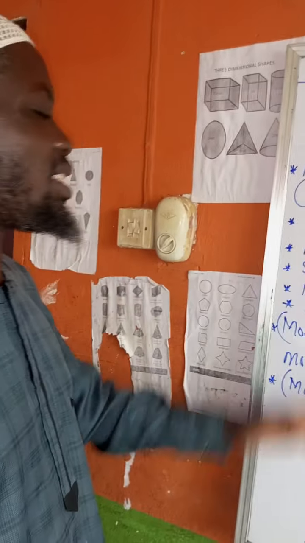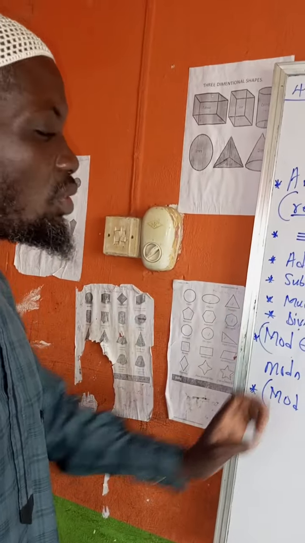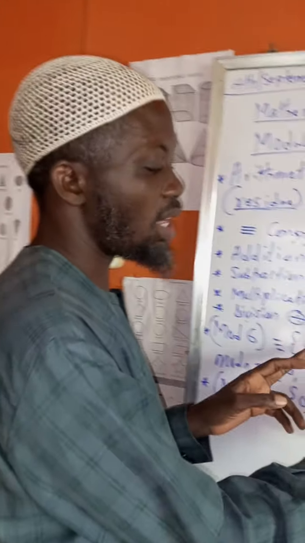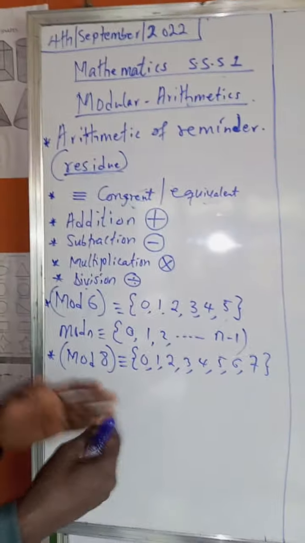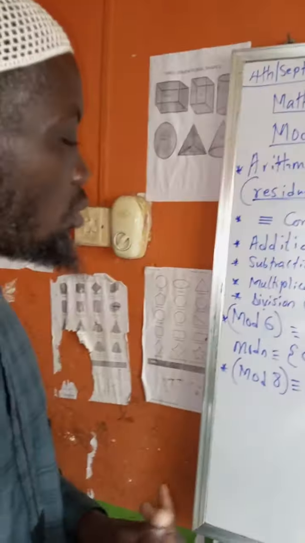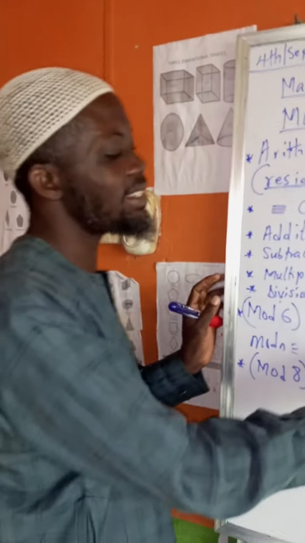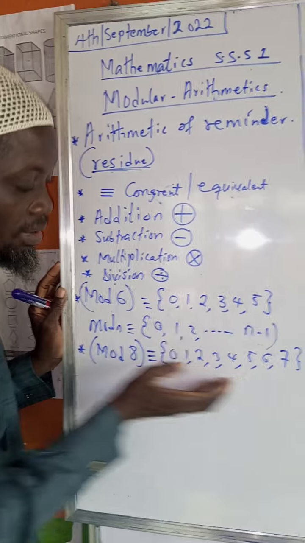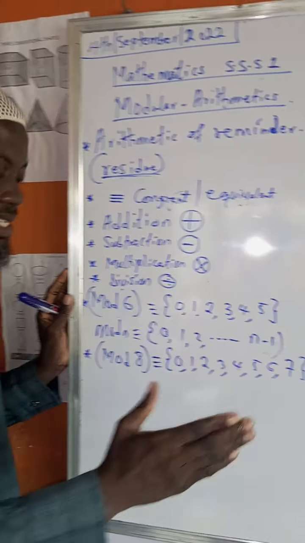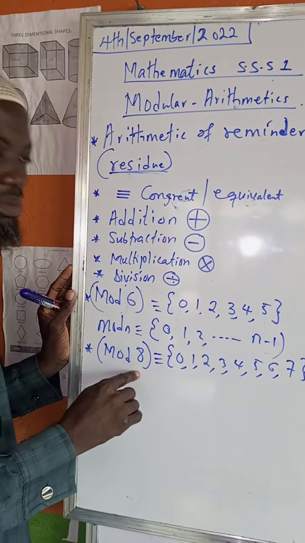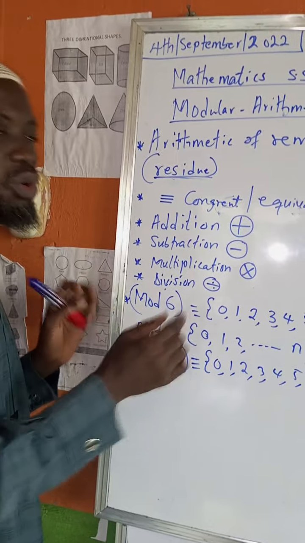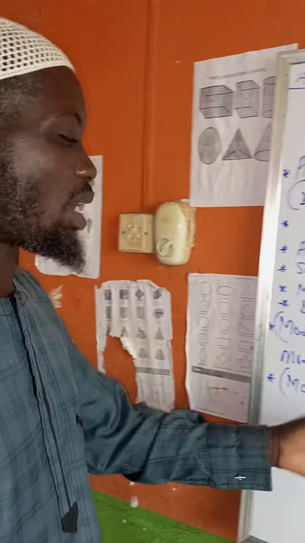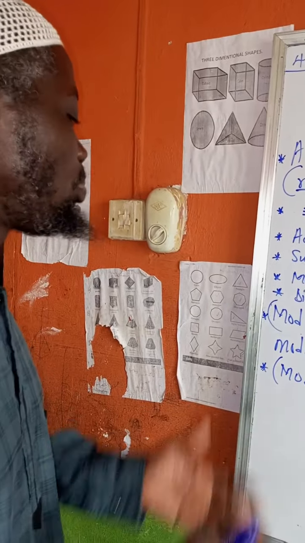Like that, whatever modulus you are given, the number must not get to that modulus, but rather stop before the modulus. That is the highest remainder you could have when you divide by it. Once it gets to that number, it is no more part of the remainder.